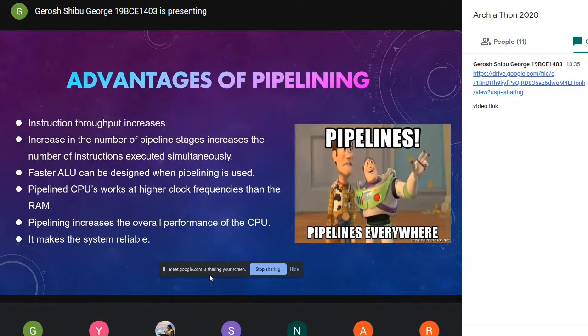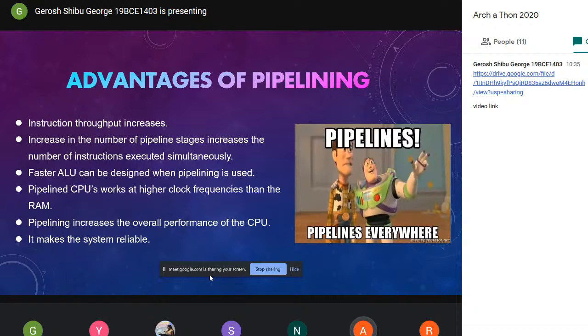It also increases the ALU speed because of multiple instructions being executed simultaneously. Now the fourth point is that a pipelined CPU works at higher clock frequencies than the RAM. That is a very good thing, because in the older DDR2 modules we had a clock frequency of 800 megahertz, and in the latest ones, the DDR4s, we have 4200 megahertz.